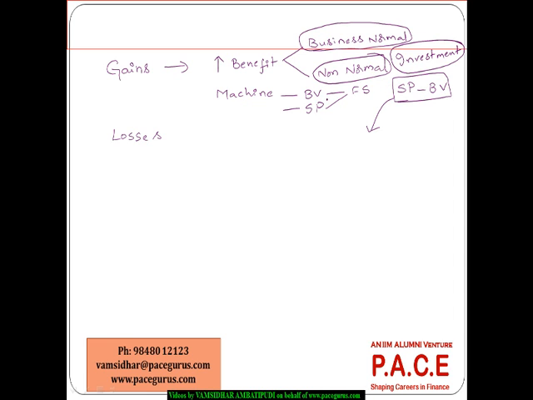So whatever the profit that I have got, that is a gain, but not from normal business operations. So all these gains, if it is from normal business operations, it could be treated as a part of operating income, operating gains. If it is from non-normal, I can very well treat it as completely non-operating kind of gain.